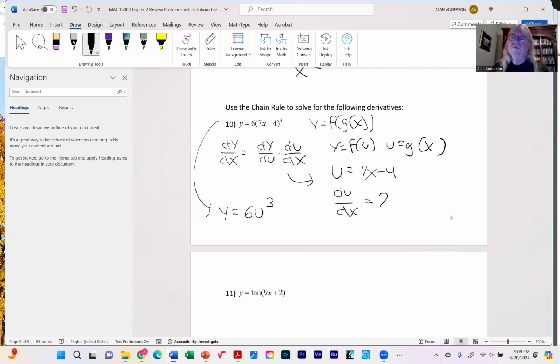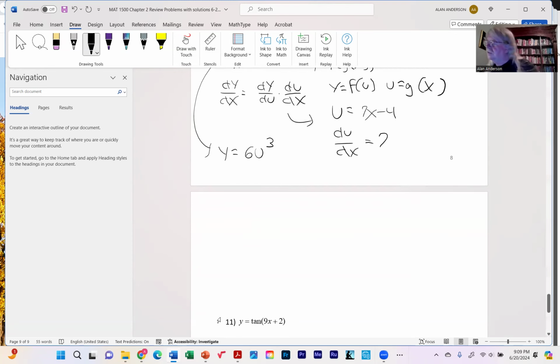So when you choose a u, what you're trying to do is create a polynomial which is as simple as possible. So that being the case, if I let u be 7x minus 4, du dx, based on the power rule, is 7. What about dy du?